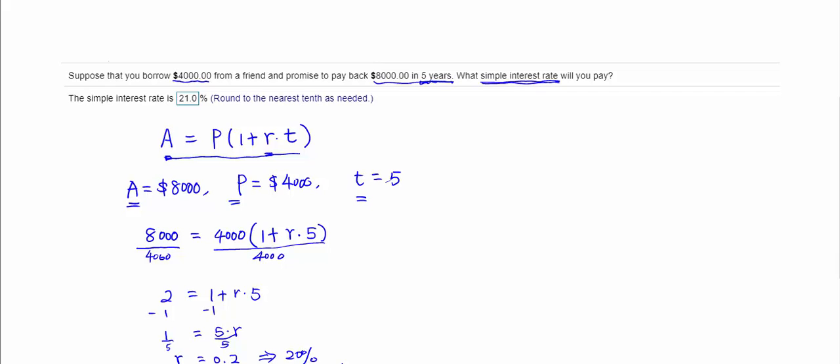There's another way, okay? So I'm going to show you how to solve for the R the other way. So remember we started with 8,000 equal to 4,000 times 1 plus R times 5, right? So we are not going to divide by 4,000, and instead, okay, we're going to distribute the 4,000 into the parentheses. So we're going to have 4,000 times 1, so that is 4,000, okay, plus 4,000 times R times 5.